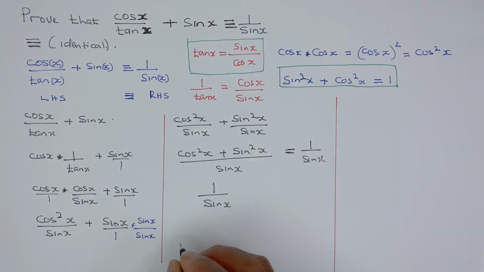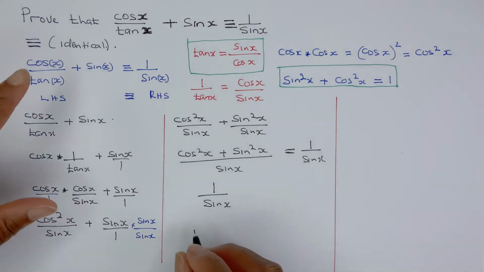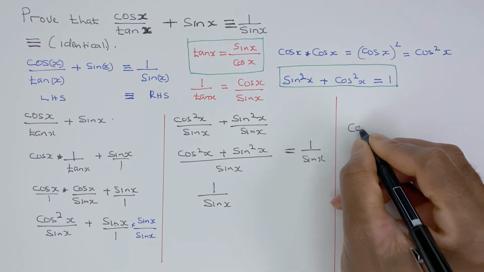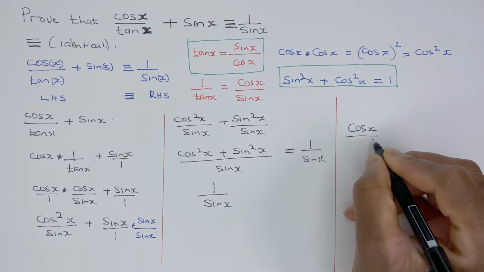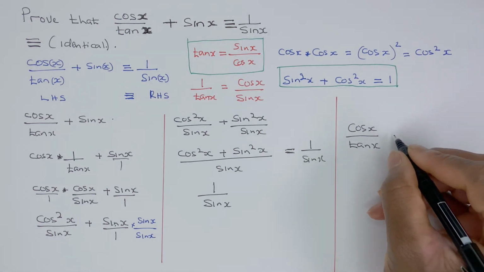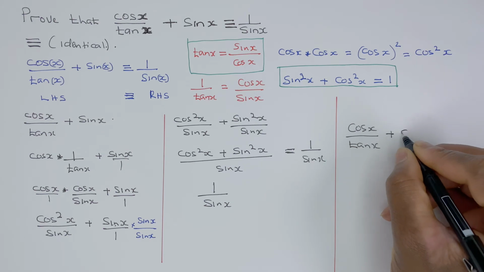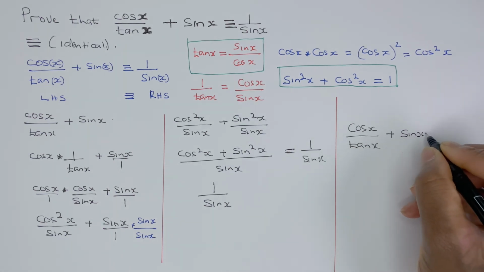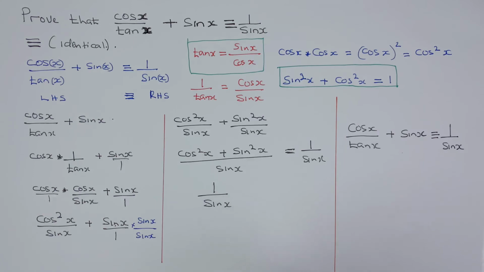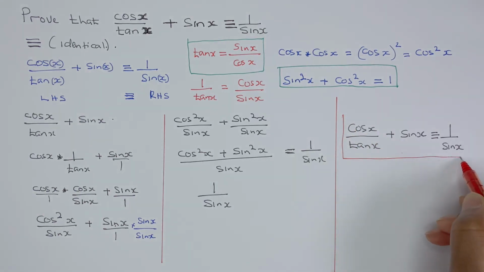So we've done the proof there. Therefore, we can say cos x over tan of x plus sine of x is identical to 1 over sine of x. And that's the proof.